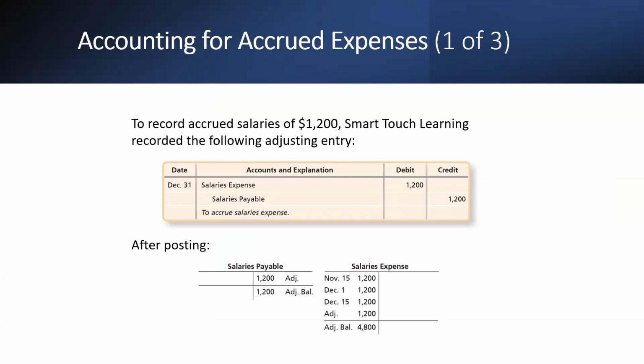Here you see in these examples, Smart Touch Learning makes an adjusting entry at December 31st to show it still owes its employees an additional $1,200 for the last half of the month. You see a debit to salaries expense and a credit to salaries payable to accrue salaries expense. After posting, you see salaries payable is adjusted and salaries expense is also adjusted.